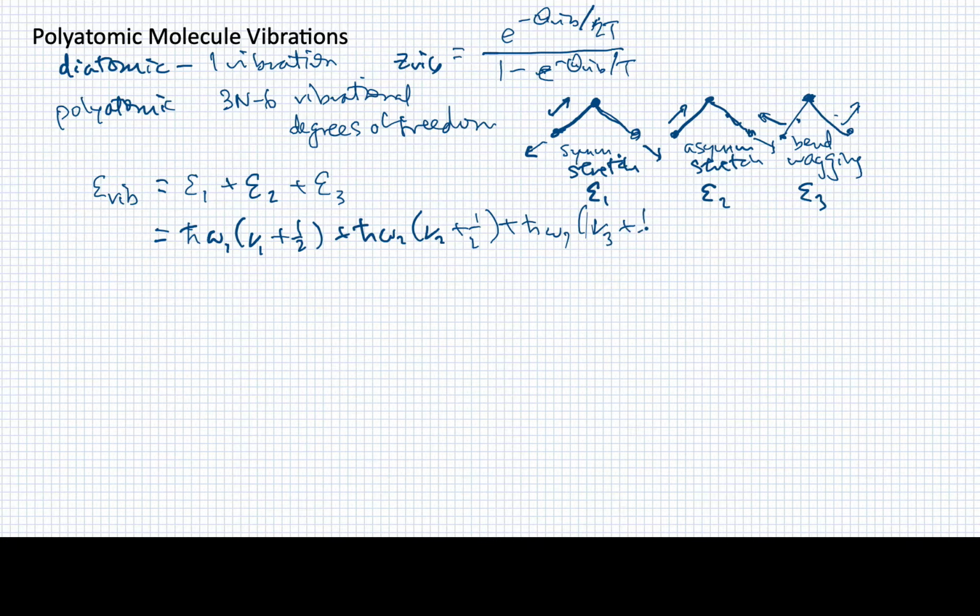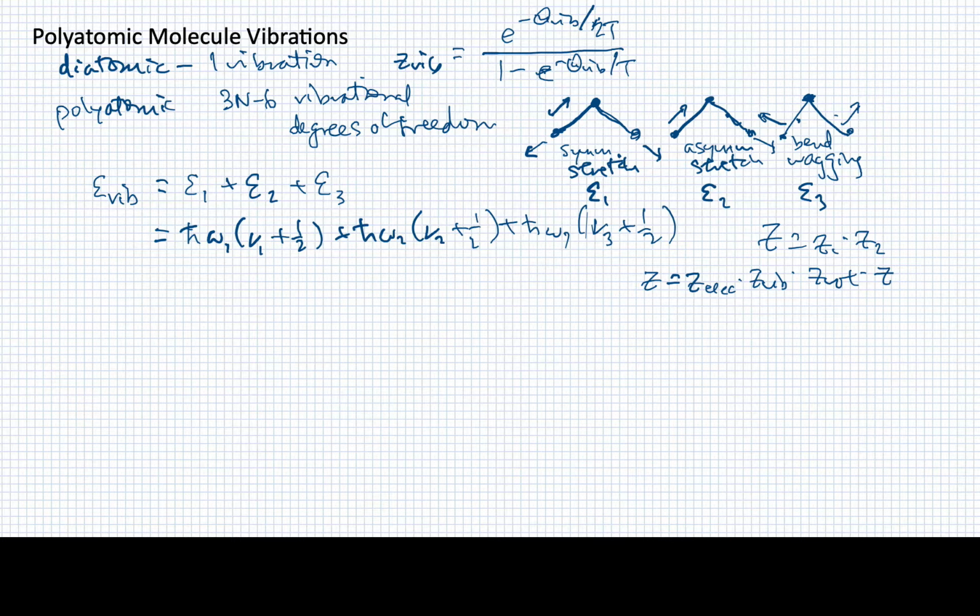So this is actually very similar to a case that we've seen before a couple of times. When we took 2 molecules to make a system and we wanted to find the system partition function for those 2 molecules, it was just equal to the product of the 2 partition functions. When we wanted to take the various kinds of motion in a molecule and add them together to make up the total energy of a molecule, the total partition function for the molecule was just the product of all the partition functions for the various pieces.